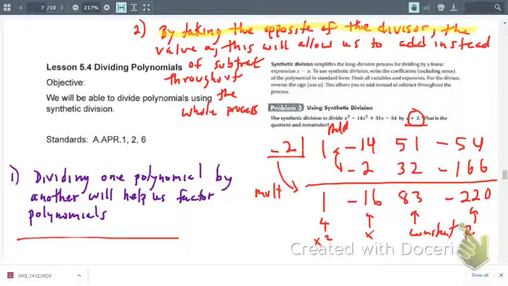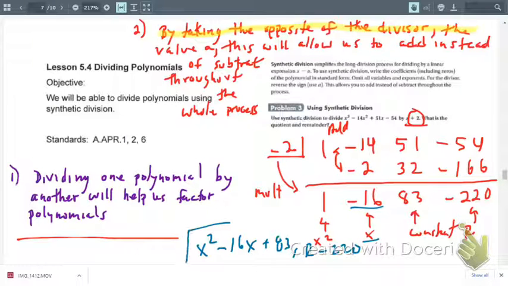Well, the quotient is x squared minus 16x, so coefficient and then the variable, plus 83, remainder negative 220. Okay, so this is your quotient, and that would be your remainder.